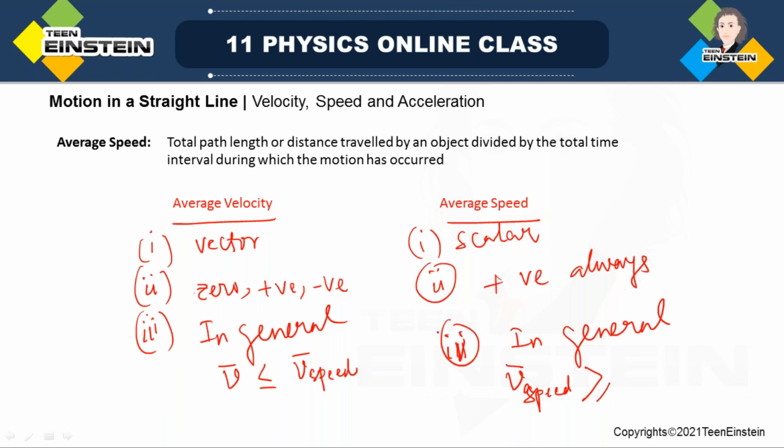Okay, this is the third point. So these were a few contrasts between both of them.